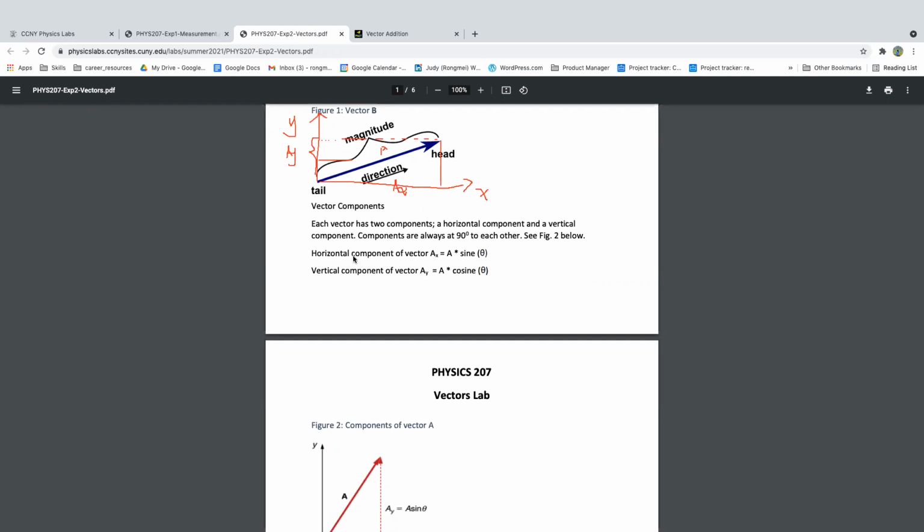So when we calculate the magnitude of AX, we use A sine theta, where this angle is theta. And when we calculate the vertical component AY, we use A times cosine theta.